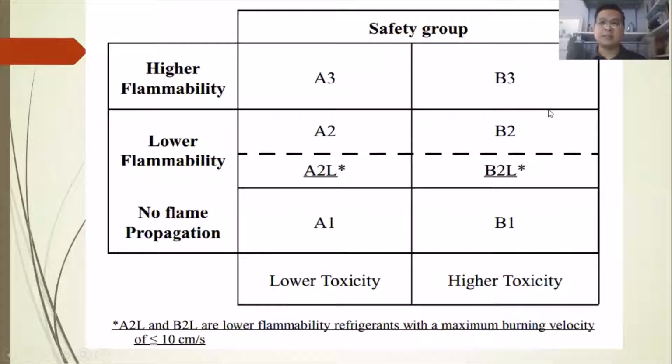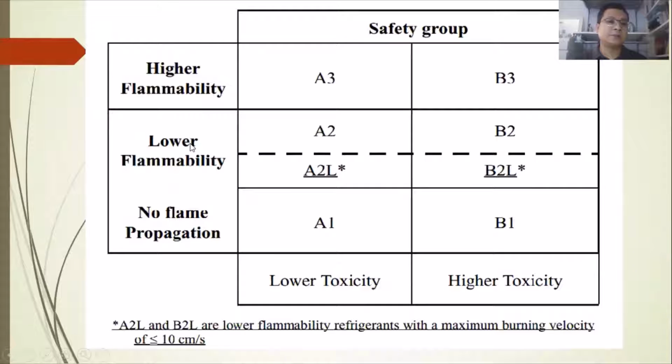Okay, based on the classification of high flammable, low flammable, and no flame propagation, the international safety code gives A1 for no flame propagation with low toxicity, and B1 for no flame propagation with higher toxicity.